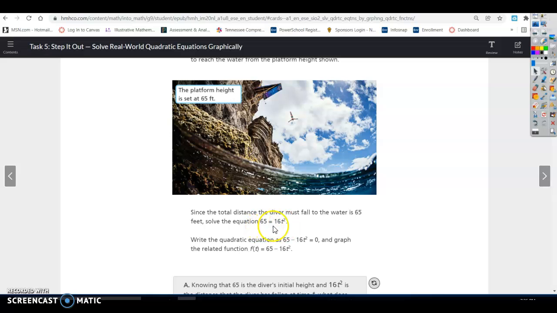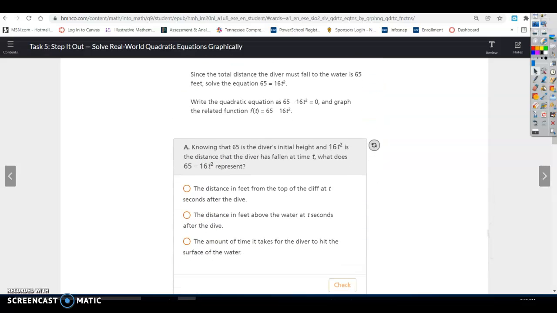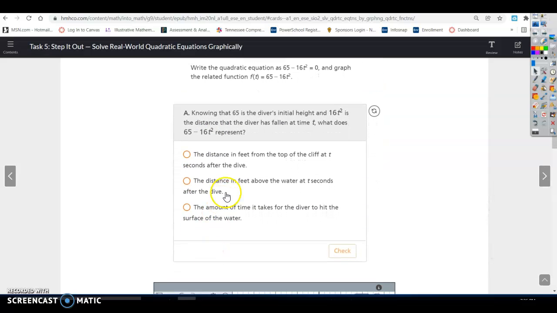So if you subtract 65 from both sides, you set it equal to 0. In this case, they subtracted 16t squared from both sides to set it equal to 0. Once it's set equal to 0, then you can graph it. All right, so f of t equals 65 minus 16t squared.